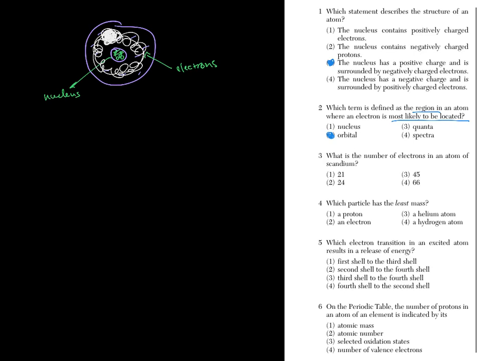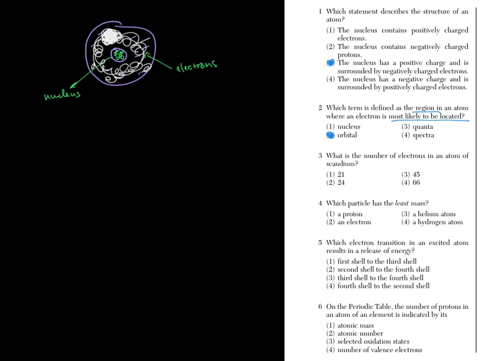So this means more electrons will be here versus kind of sparsely located here and there. They're less likely to be, whereas dense clouds mean probable locations, less dense means less probable. And that's what we call an orbital. And that's something we just need to know by definition, and it's a commonly asked question, by the way.